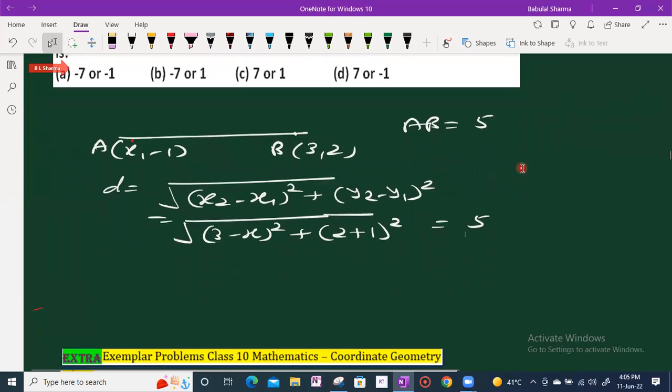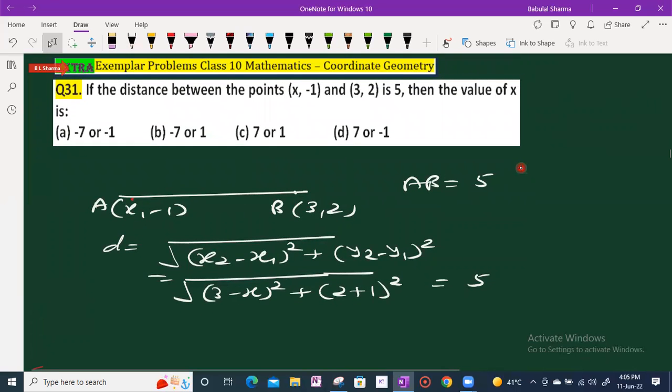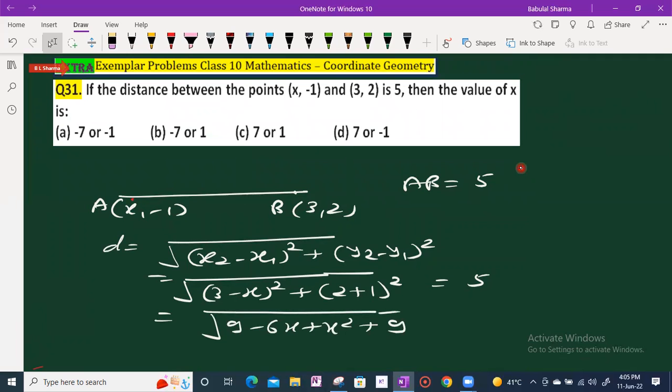On further simplification, that is square root of 9 minus 6x plus x square plus 3 square, which is 9, that is 5. Squaring both sides.